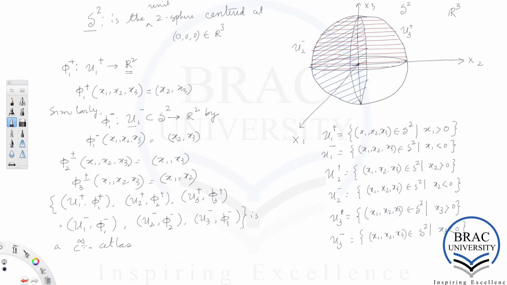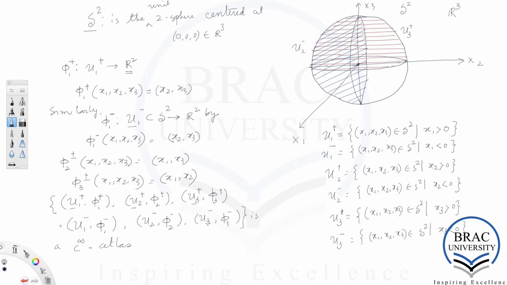We already defined the open sets U1 plus, U2 plus, U3 plus, U1 minus, U2 minus, U3 minus, and we also defined the corresponding homeomorphisms. One can easily see that these are homeomorphisms from the underlying open sets of S2 to the Euclidean space R2.